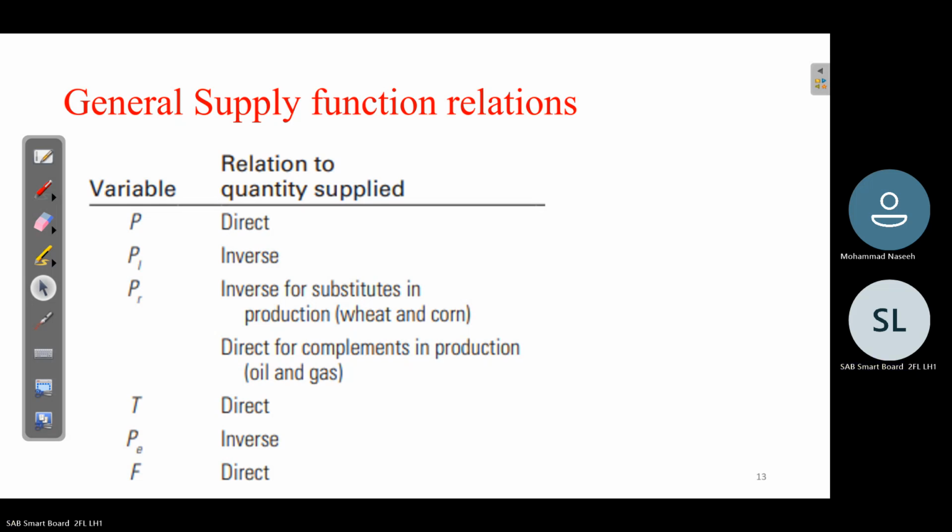Corn and corn flour. That is the other challenge. This has a negative relationship to the supply of the selected product.